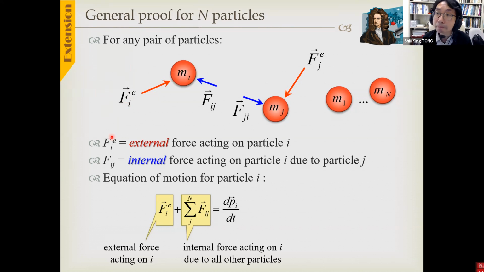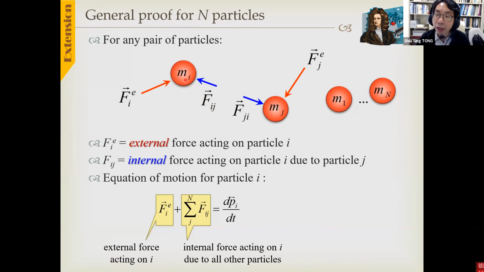Is that okay? So you have an external force, but you also have an internal force due to the interaction between these two particles, right? The internal force acting on the particle Mi due to particle J, I call it Fij. Now, Fij is easy to memorize, although you have two indices here, which sounds rather complicated. But as long as you remember the order of these two indices and the meaning, it will not be difficult to understand what this term means.